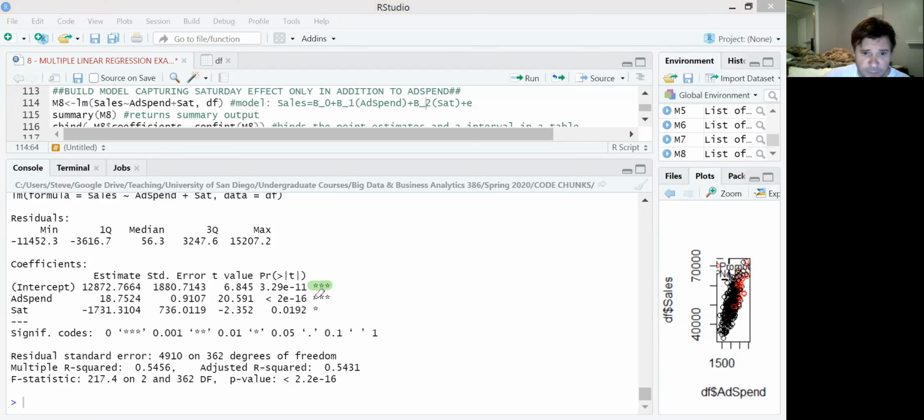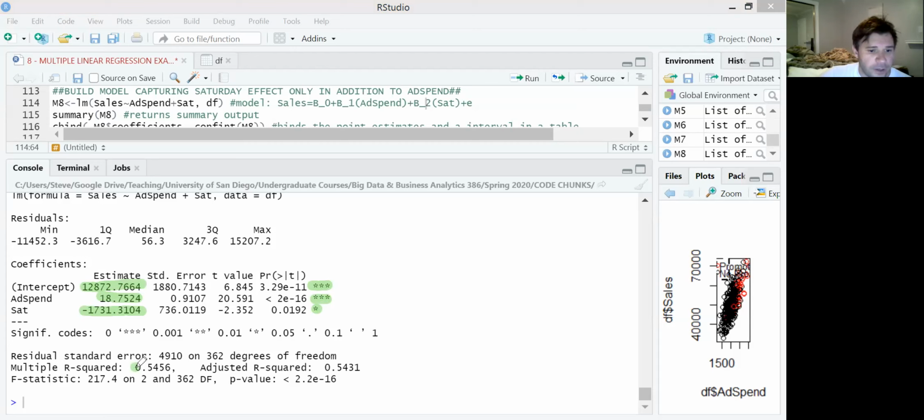We see our significance codes. Each of these parameter estimates is significant. Our intercept, our ad spend, and our Saturday variable here says on Saturdays there is a seasonality effect that's significant at between the 5 and 1% level. And on a Saturday, it looks like our sales decreased by 1,731 units-ish on average.